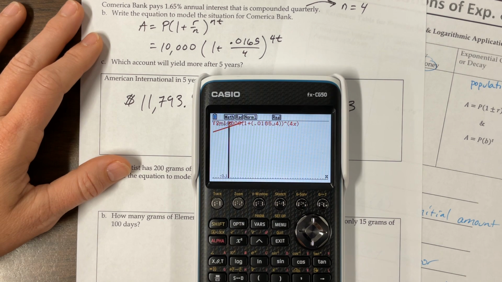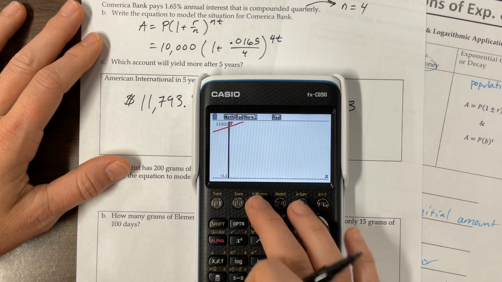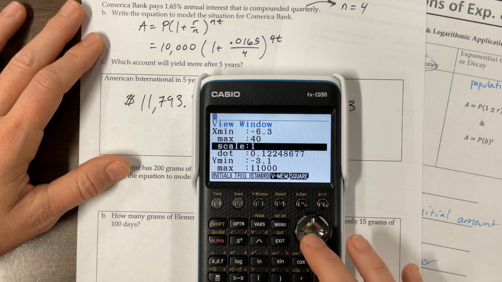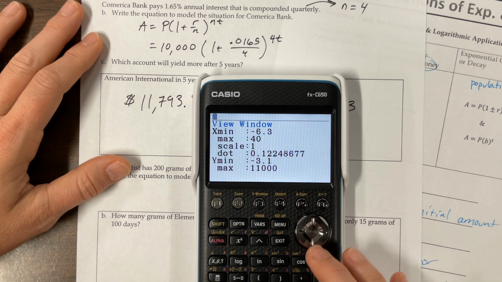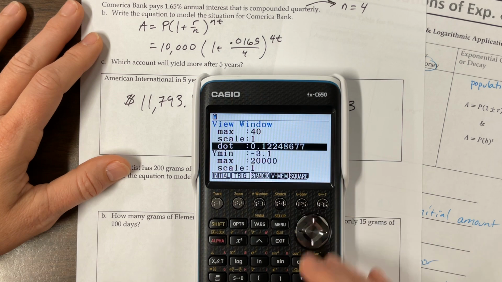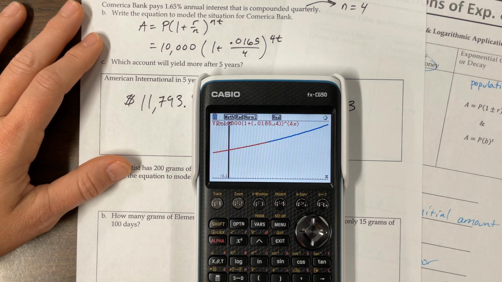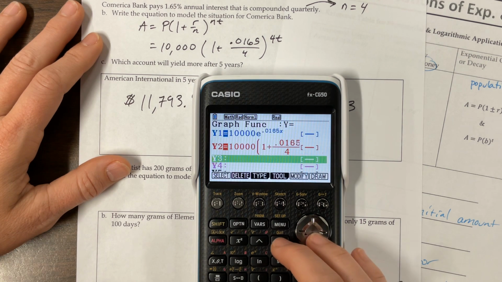When I graph these, okay, I need a different window. Let's call it 20,000 as a max. And I bet our x value is okay. That is more similar than I expected.